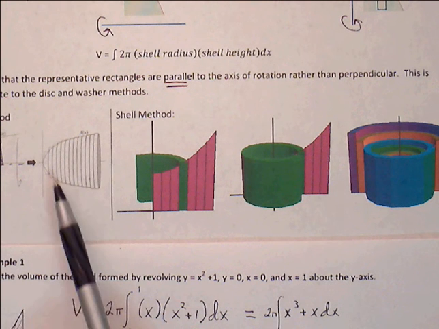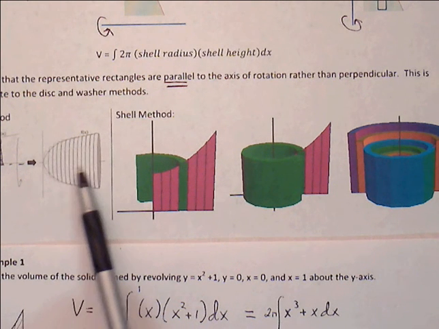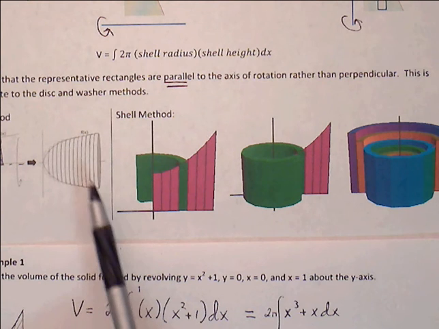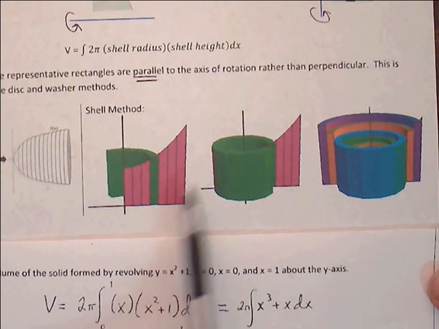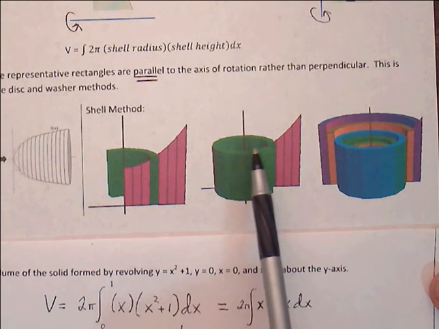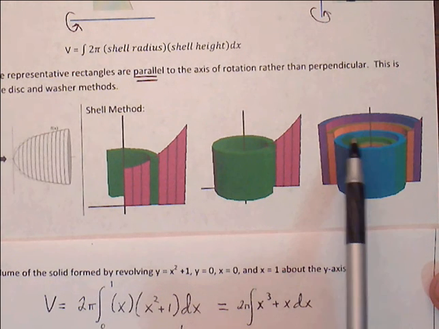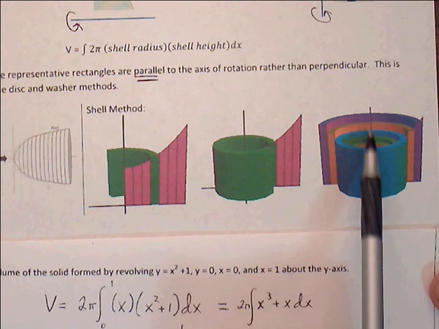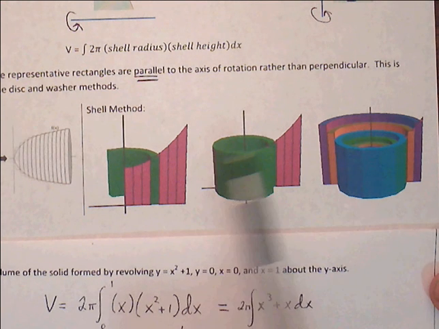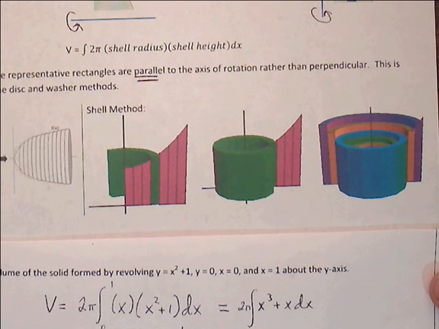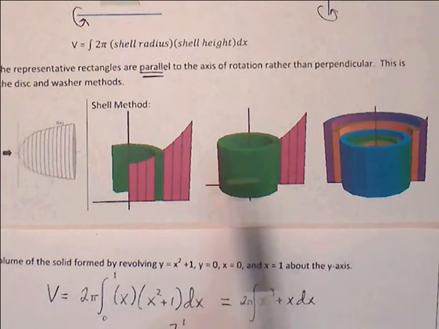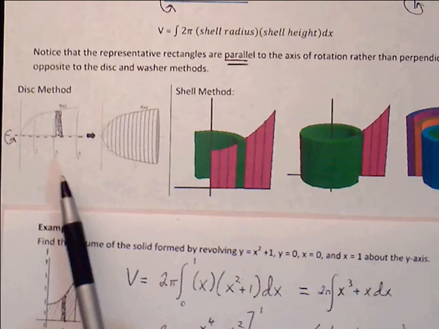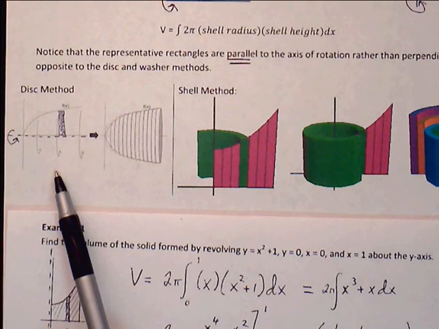So rather than stacking cylindrical disks, we're now wrapping cylindrical shells around the center. This is a visual representation of how the shell method develops a solid differently from the disk or the washer method.